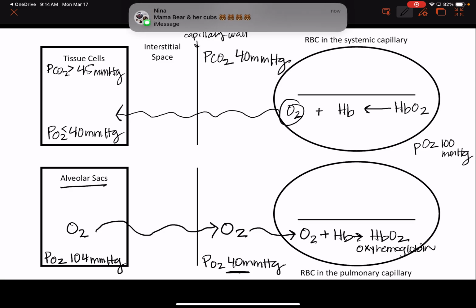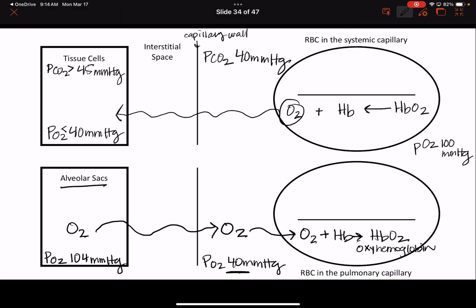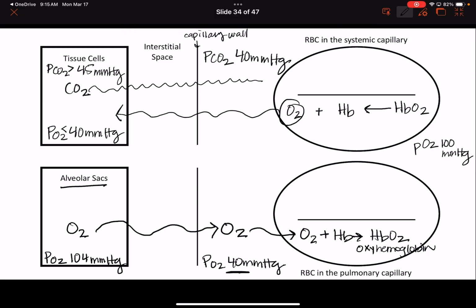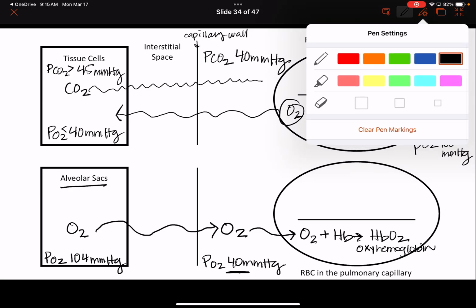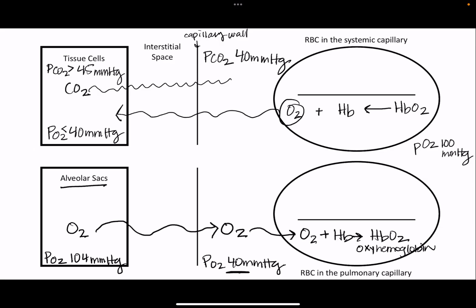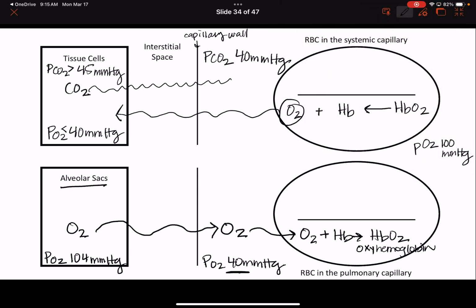And so which way is the CO2 going to want to move? Towards the tissues or towards the blood? Towards the blood. And so we're going to take a CO2 molecule and take it into the blood first, I guess, and then transfer it over into the red blood cell.